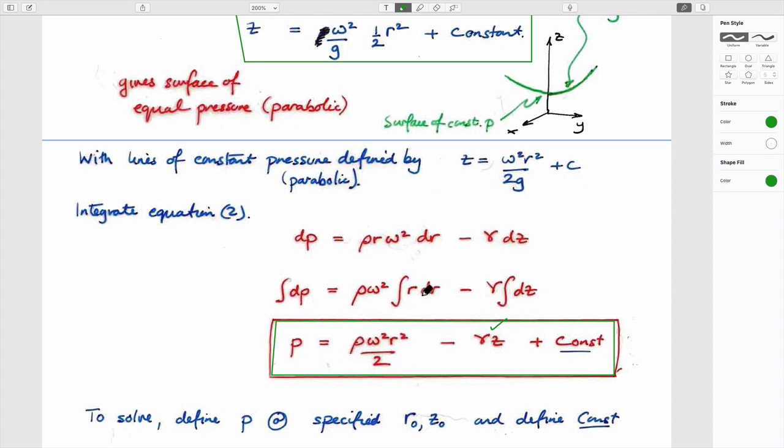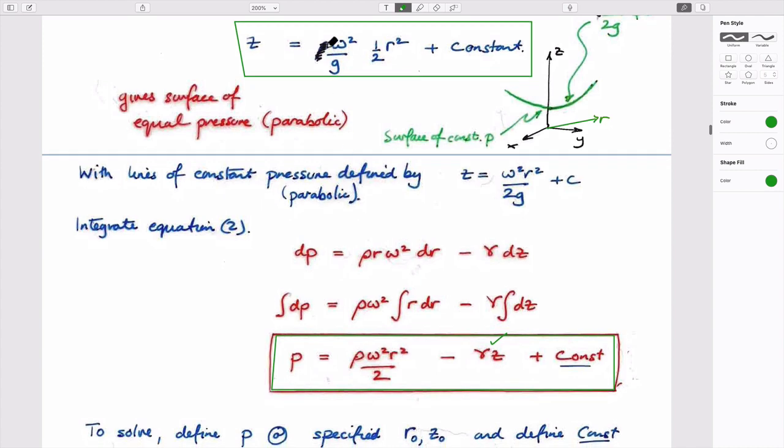And as we go out horizontally from the middle of the container outwards, some distance r, then the pressure changes with r squared. So in other words, we start off at some location, a meter out, the pressure is something. If we go out 2 meters, then it's that squared. If we go out 4 meters, it's that squared. And it's proportional to the rotation rate.